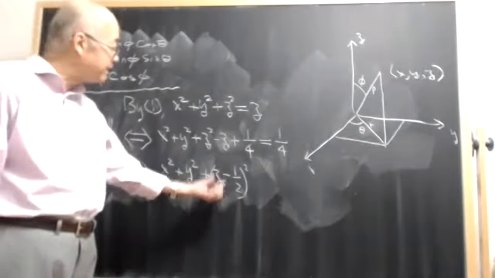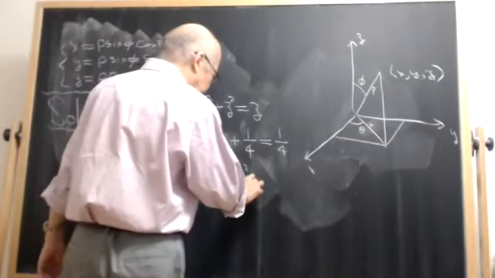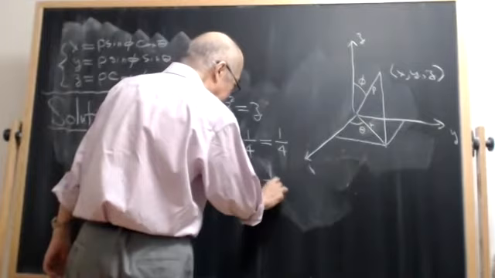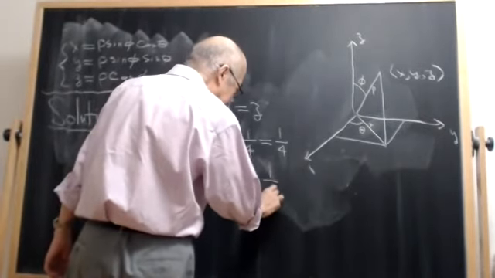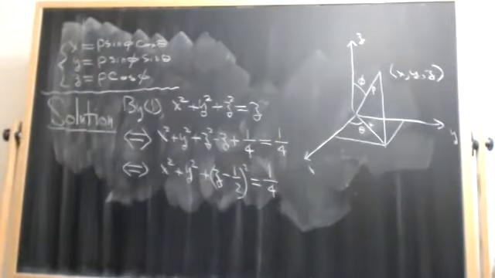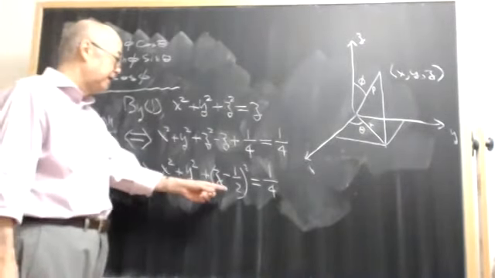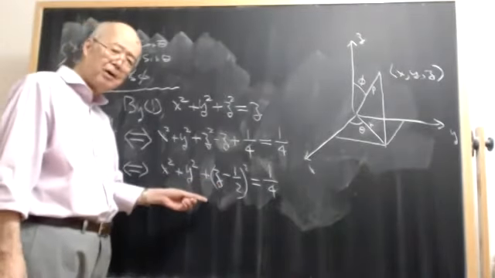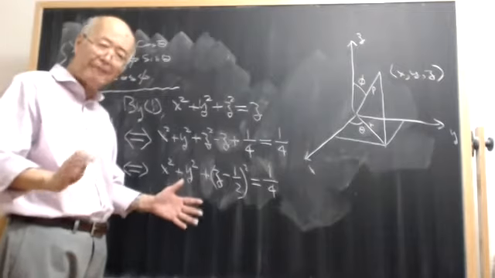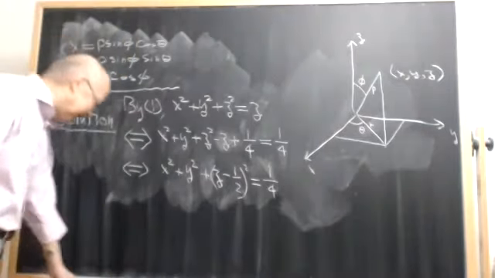You expand it, you get this one. And this is equal to 1/4. Now, then it's clear that this is the equation of a sphere, not a ball, a sphere. Okay. All right.